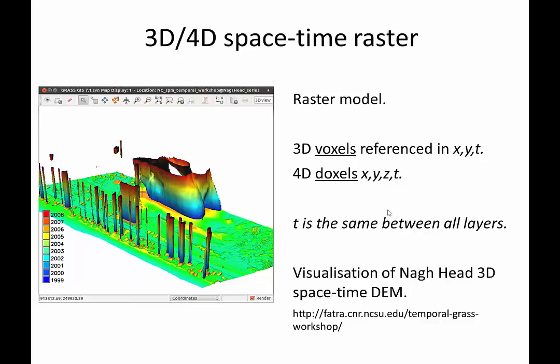This is taking it into, instead of having squares, we're having cubes or four-dimensional cubes. You've got to get your head around multiple dimensions here. So we could have three-dimensional voxels. Instead of a square, it's a cube. And that cube may be georeferenced in x, y, and t, being time.